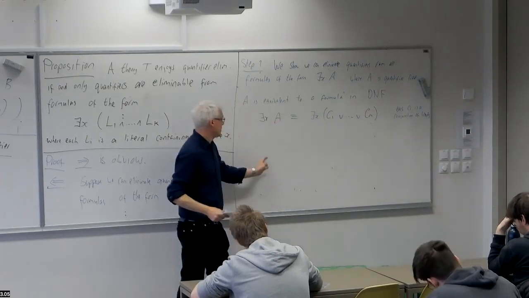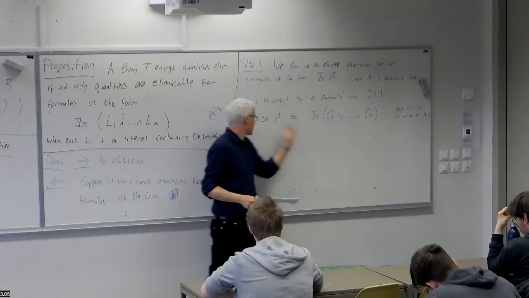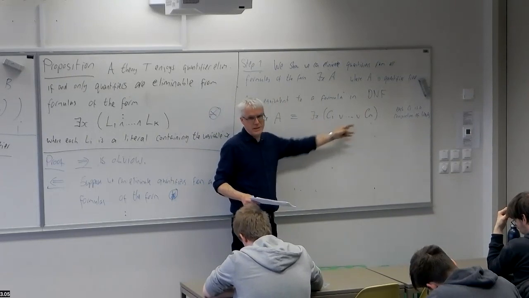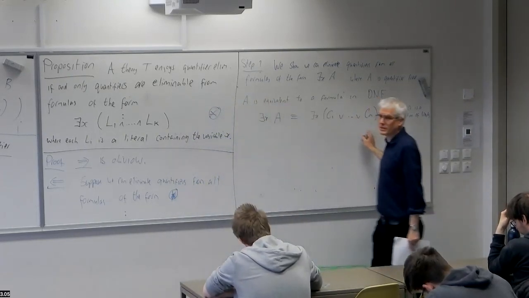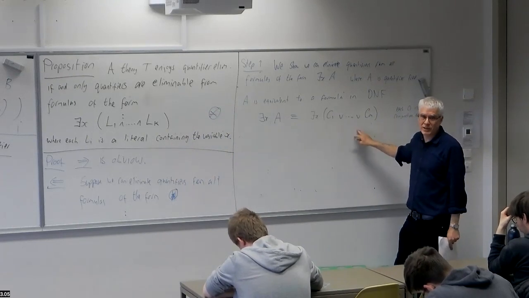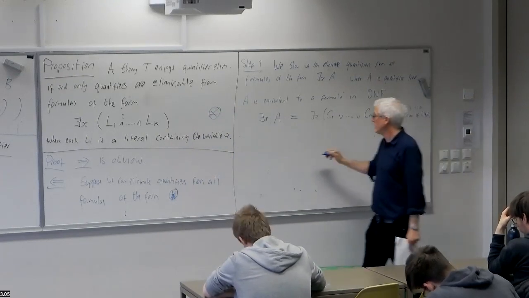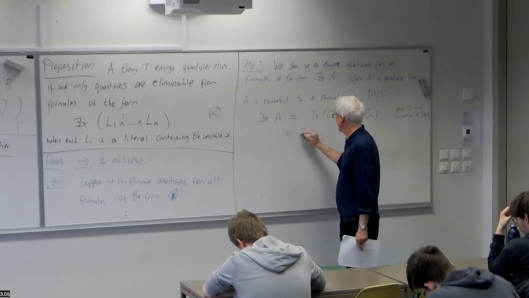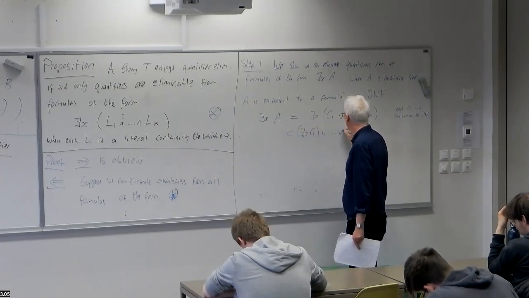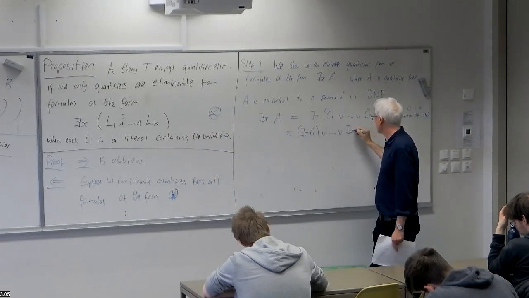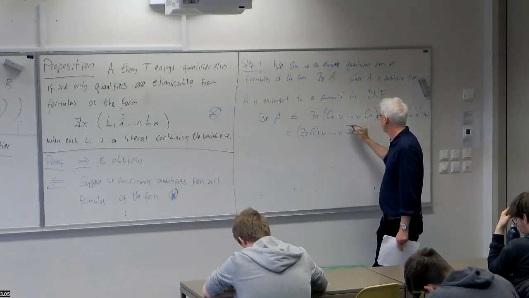So exists X A is equivalent to exists X of this disjunction. Then we can use the distributivity of existential quantification over disjunctions: exists X C1, or ..., or exists X CM.